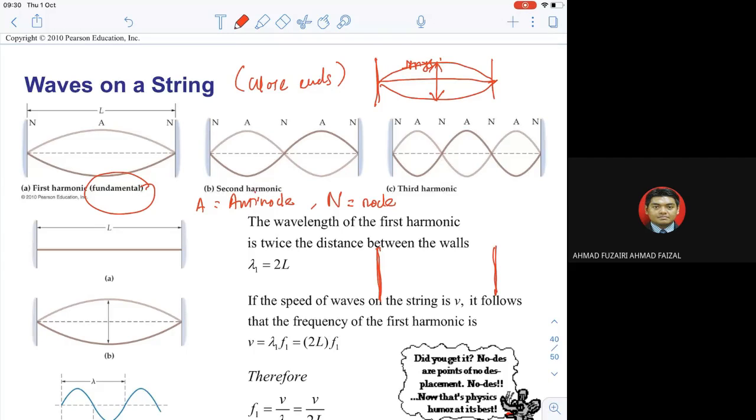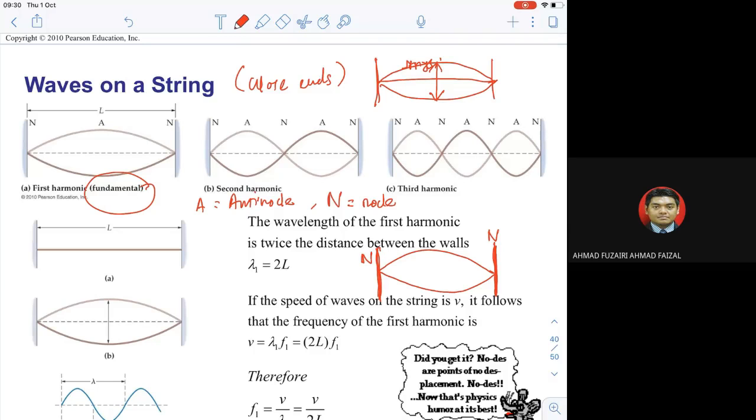So A is the antinode point, and N is the node point. Every time you come to the fixed point, which is the end of the string, every time you have a closed end, it must be a node point. That is the condition, that is the rule. For every closed end, it must be a node point. So N and N.